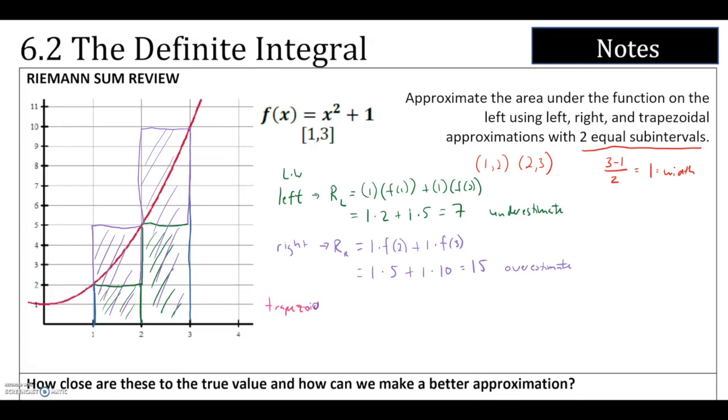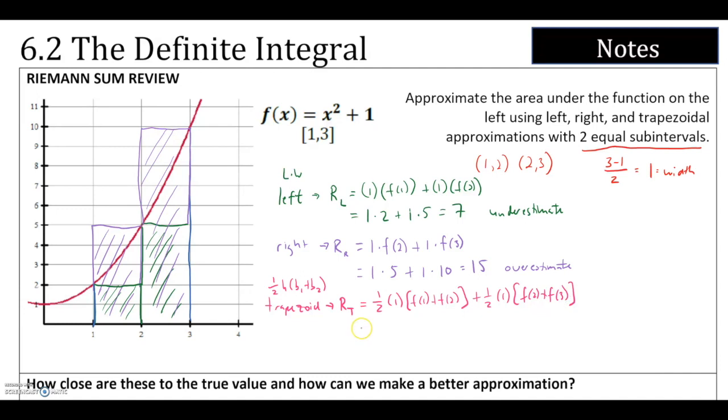And finally, we'll calculate our trapezoidal sum over this interval, or Riemann sum sub T. Recall the area of a trapezoid is 1/2 the height times the sum of the two bases. So for our first trapezoid, we'll have 1/2 a height or width of 1. Our first base will be determined by our function value at 1, and our second base by a function value at 2. The second trapezoid will be 1/2 times 1 times the sum of f of 2 plus f of 3.